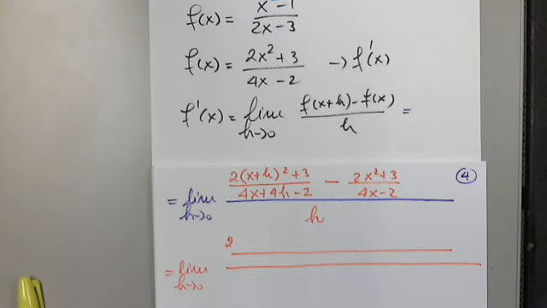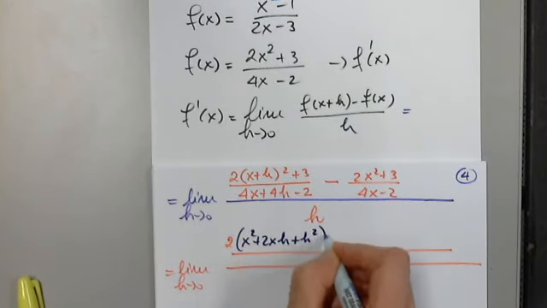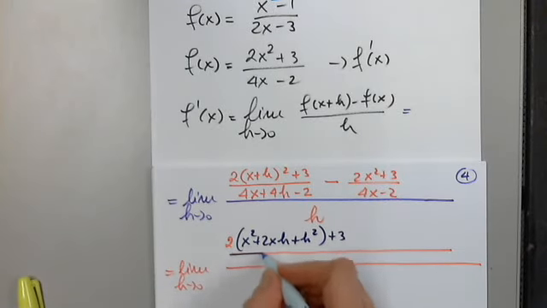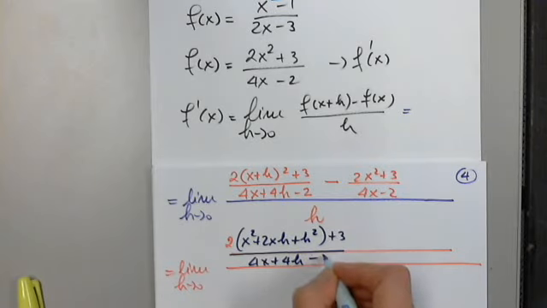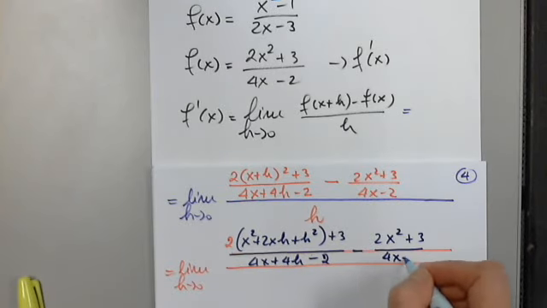But remember, we have an agreement. x squared, make me proud, plus 2xh, plus h squared. Awesome. Plus 3, everything divided by 4x plus 4h minus 2. And then minus 2x squared plus 3 divided by 4x minus 2, everything over h.